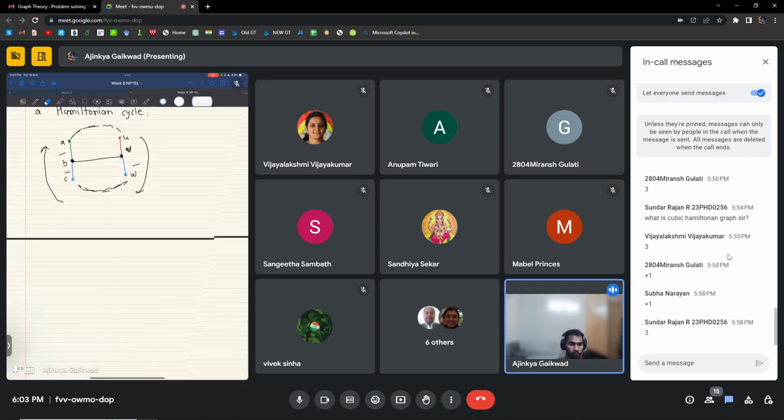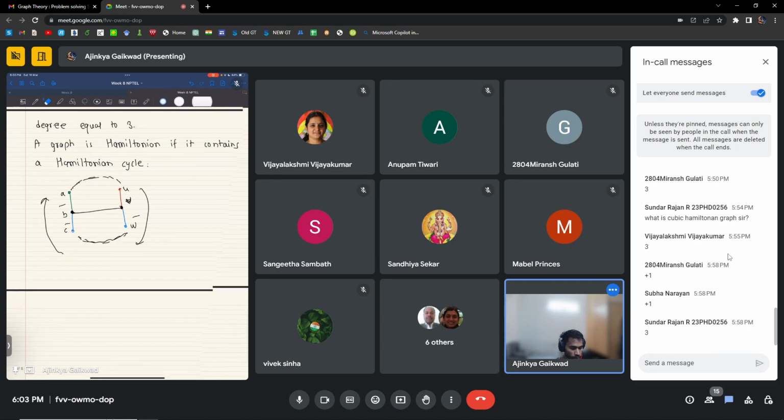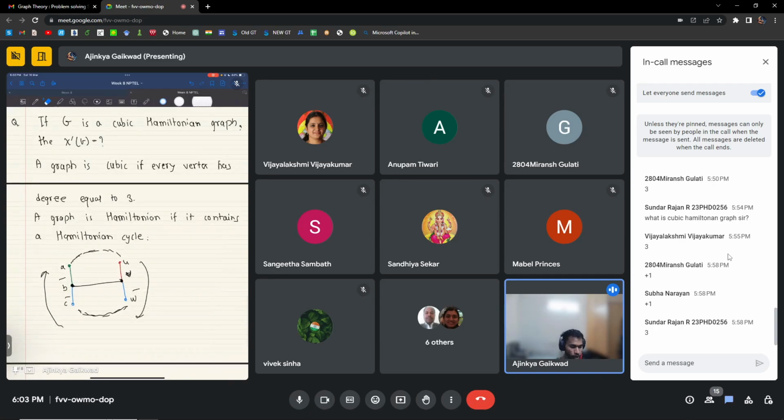But before going into the odd length Hamiltonian cycle, let me take a step back and ask you, the length of the Hamiltonian cycle is the total number of vertices, right? So if there are 4 vertices, then the length of the Hamiltonian cycle would be 4. If there are 5, then the Hamiltonian cycle would be of length 5. So now the question is, is it possible that the graph contains an odd number of vertices?